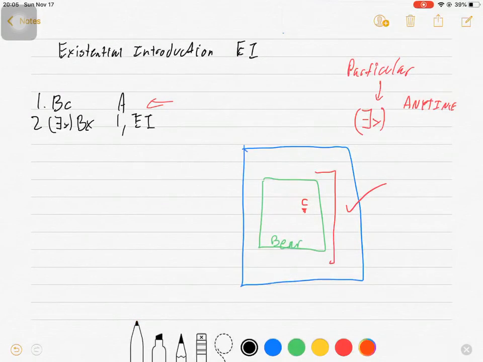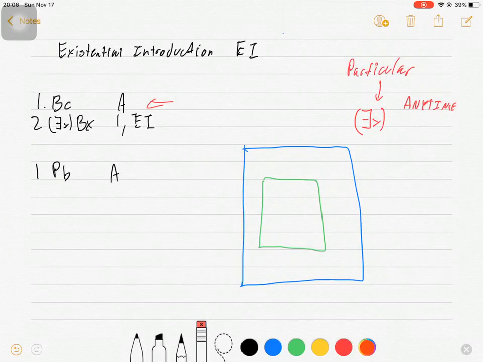Let's do another example. Let's say that I had a parrot. Let's say that I had Billy the parrot. And let's relabel this as the parrot box. Within the parrot box is Billy.